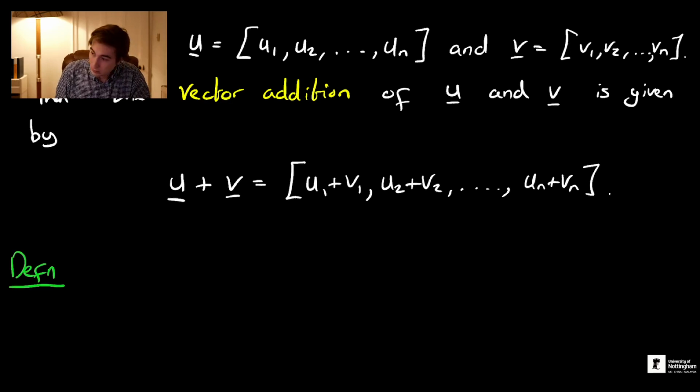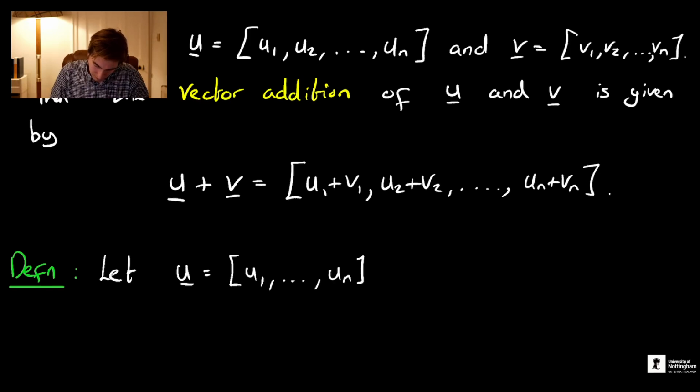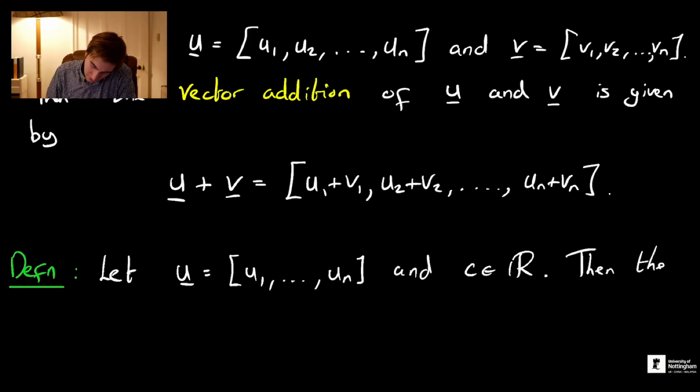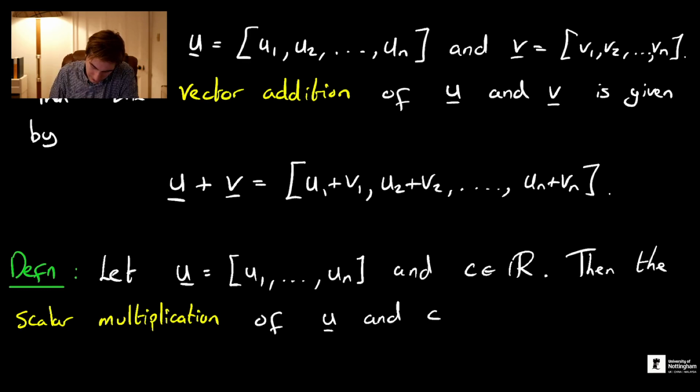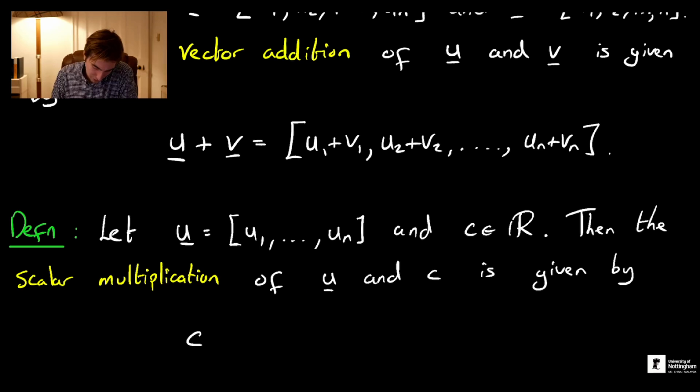So we could then take, let u equal our vector u1 up to un, and c is our scalar now in R. Then the scalar multiplication of u and c is given by just extending the same one that we had for R2.